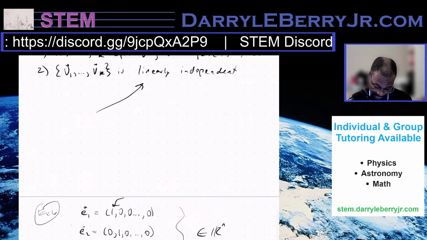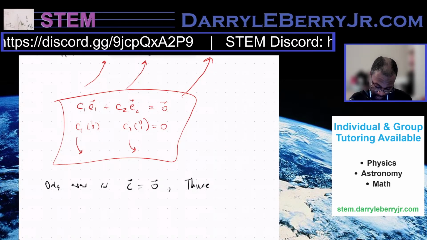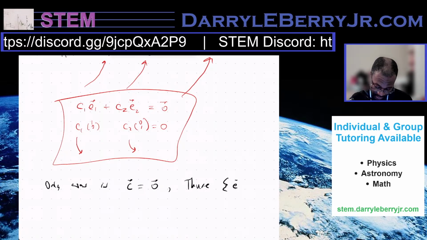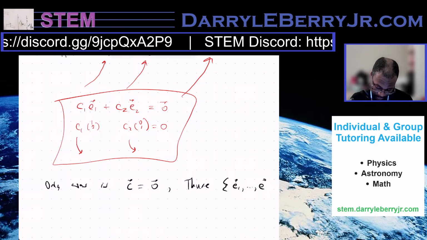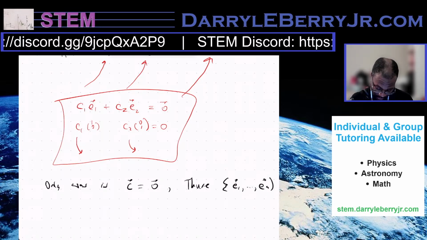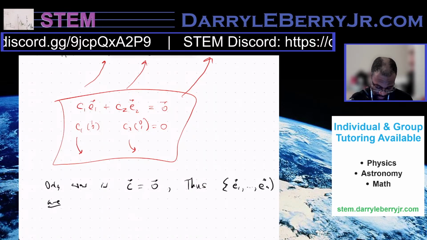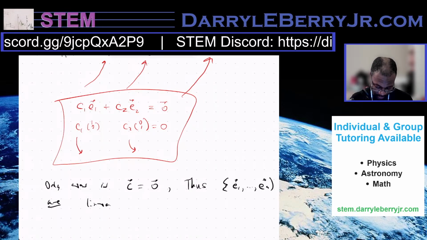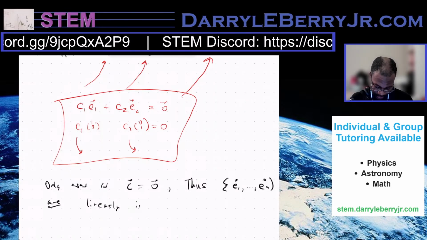So that means that they are, thus, the set of E vectors are linearly independent.